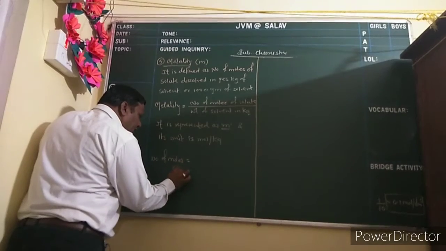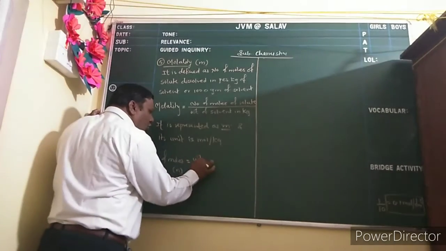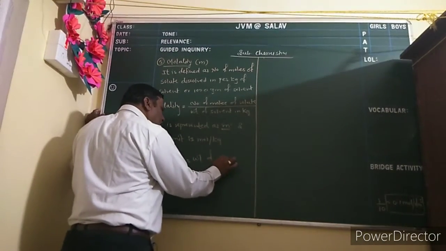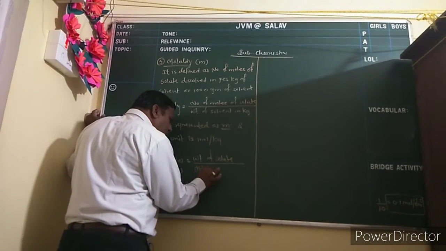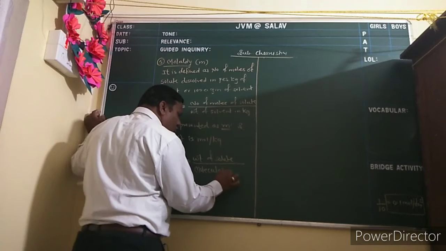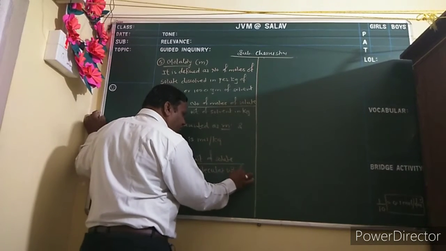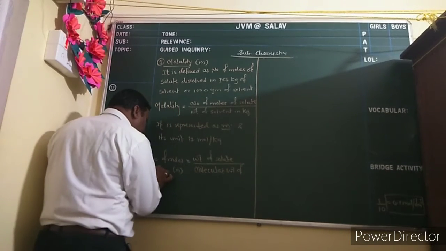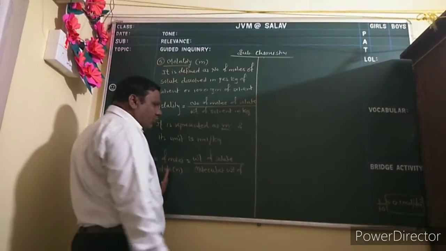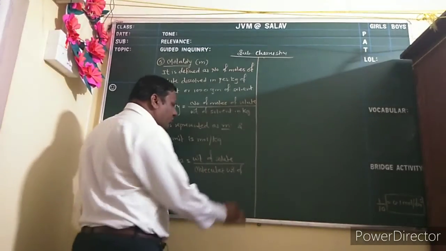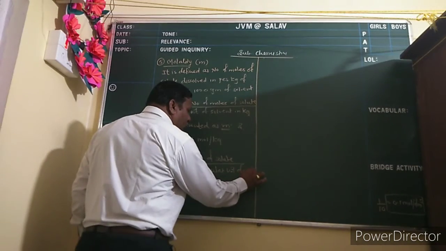Now you know very well the number of moles, that is small n, is equal to weight of solute upon molecular weight of solute.